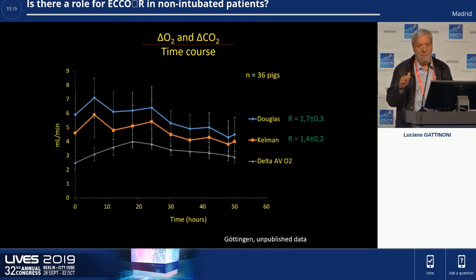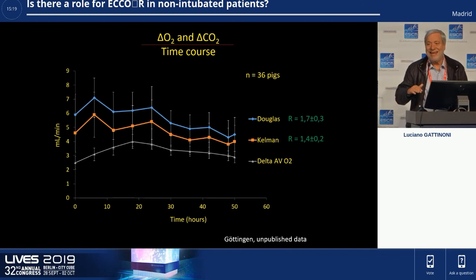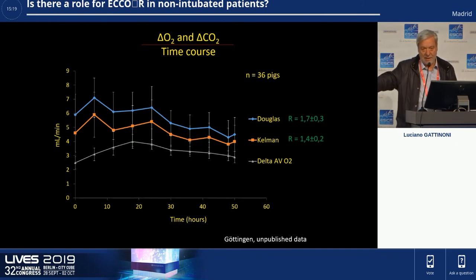There is no way around it. When you decrease the PaCO2, you go down, but you exhale far, far less CO2 than normal. And when you increase the PaCO2, so you hyperventilate, you exhale less CO2.